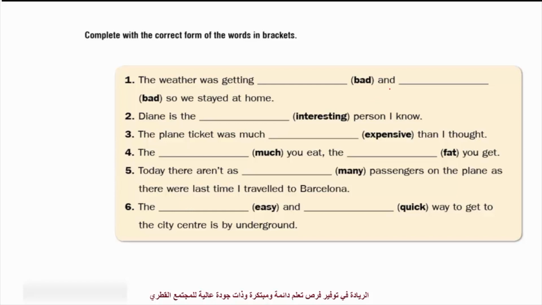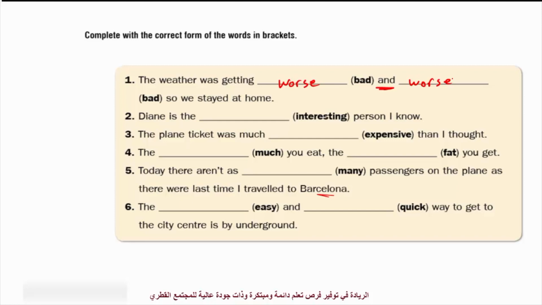In this example, you may have noticed that the conjunction and is located between the two adjectives bad and bad, which suggests that the state of the weather is undergoing a gradual evolvement from bad to worse. That's why we need to use the comparative rule, which is worse and worse. The weather was getting worse and worse, so we stayed at home.